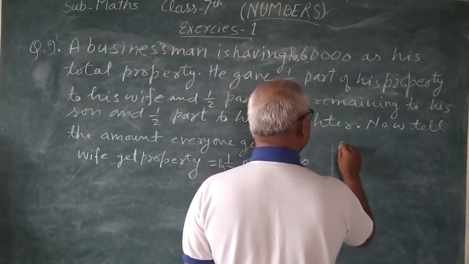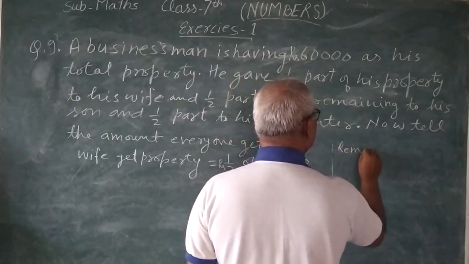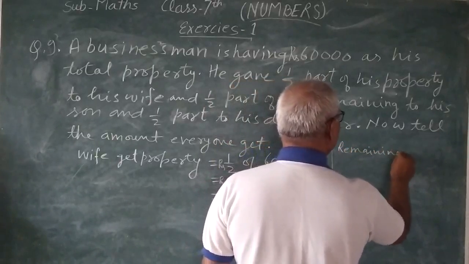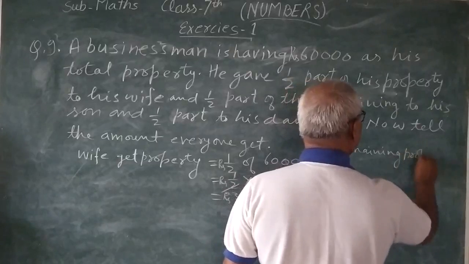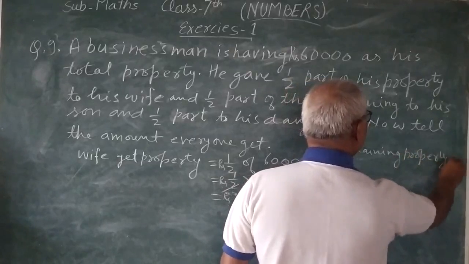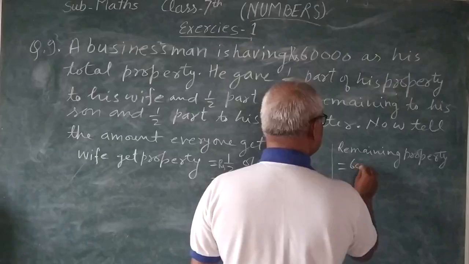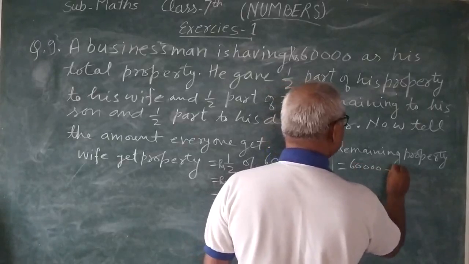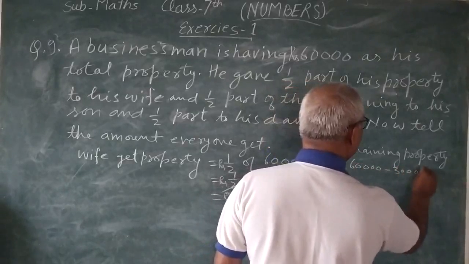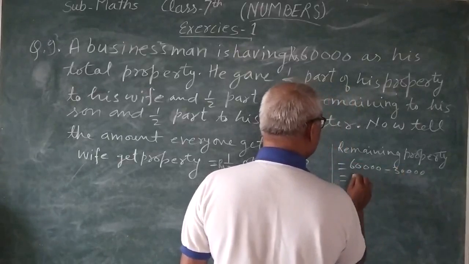Remaining is equal to 60,000 minus 30,000. We get 30,000.